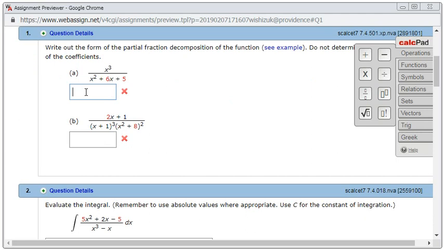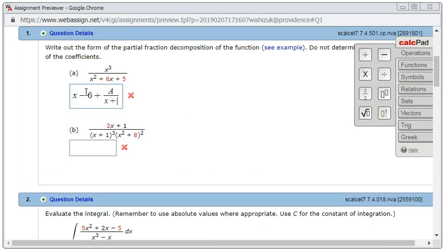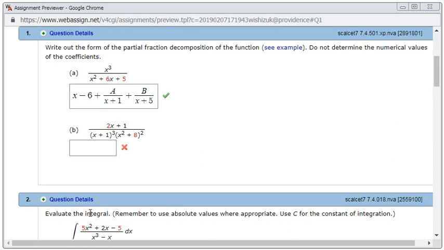What we got is x minus 6 plus A over x plus 1 plus B over x plus 5. Let's check the answer. I came back and it looks like we got this one correctly.